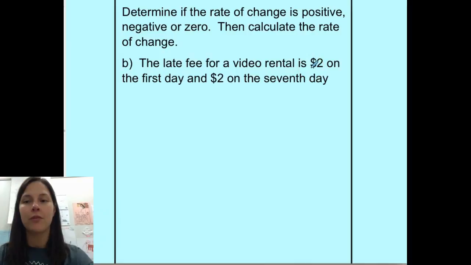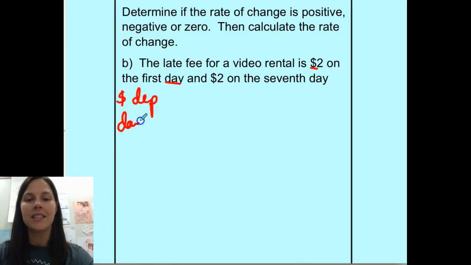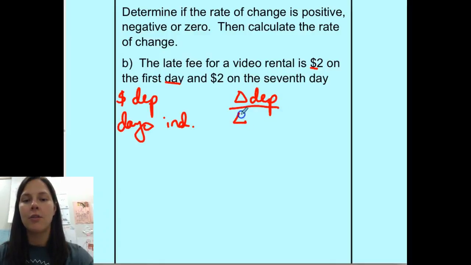Looking at the late fee for a video rental, we have money and days for our variables. So does the money depend on the day, or does the day depend on the money? Money depends on how many days late it is, and days is time. So that will always be our independent variable when we have time as an option. So we're looking at change in our dependent variable over change in our independent variable.